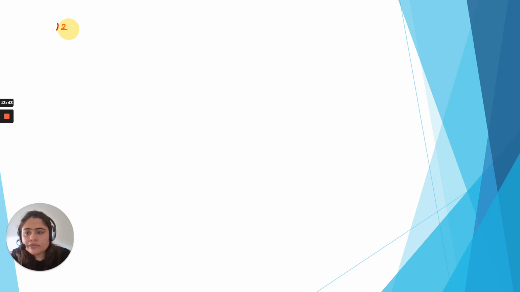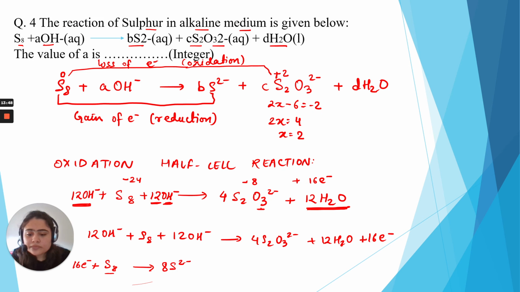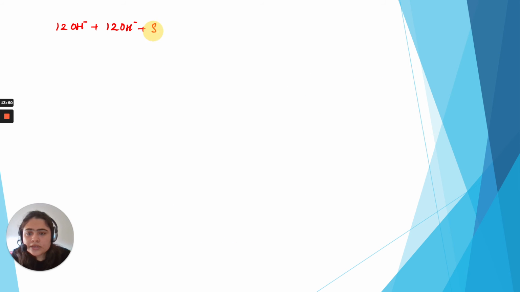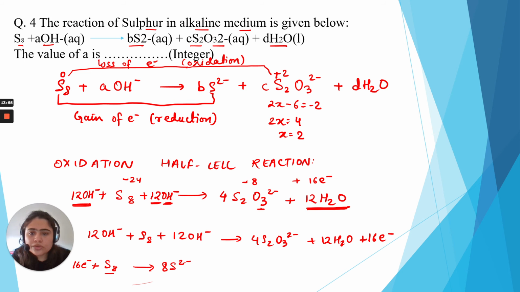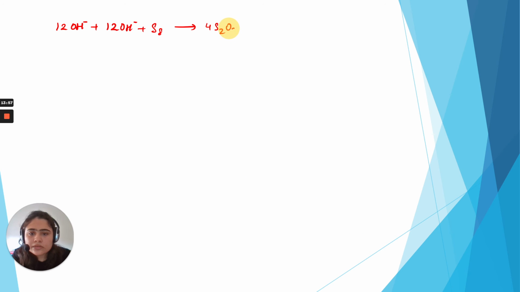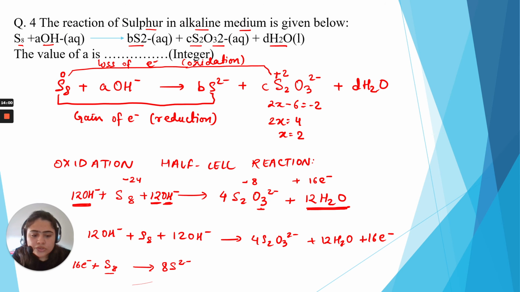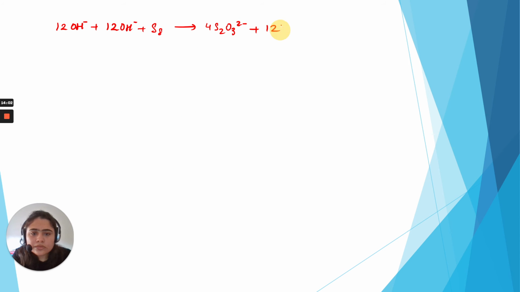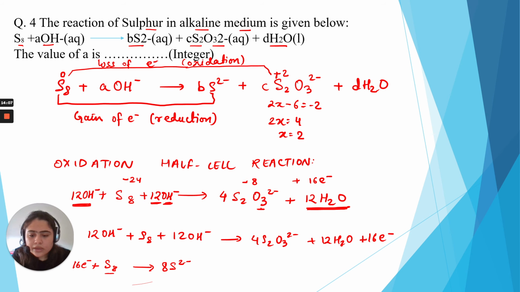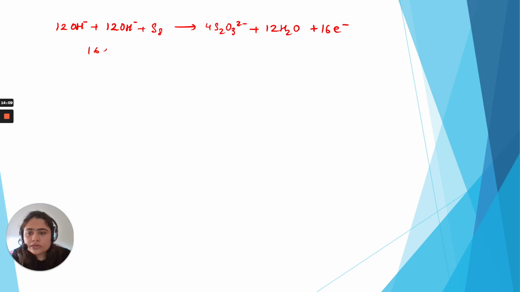We will write here 12OH minus plus 12OH minus plus S8 gives 4S2O3 2- plus 12H2O plus 16 electrons, and 16 electrons plus S8 will give 8S2-.